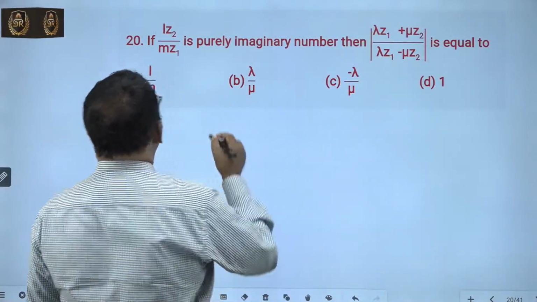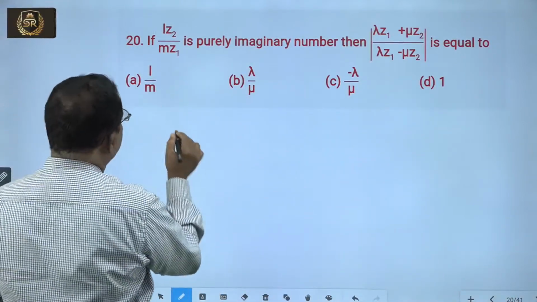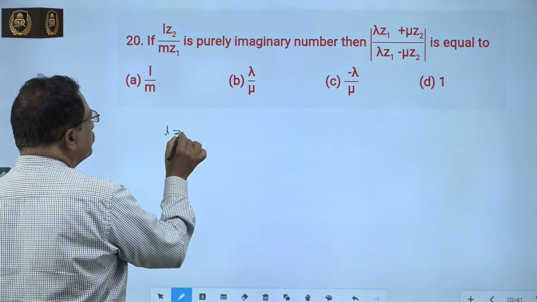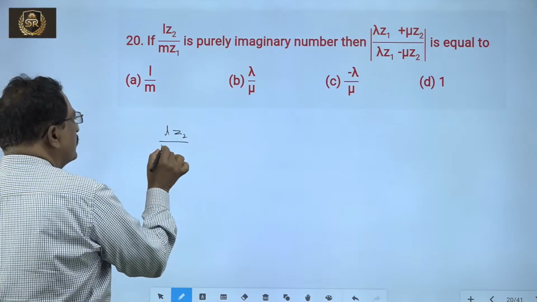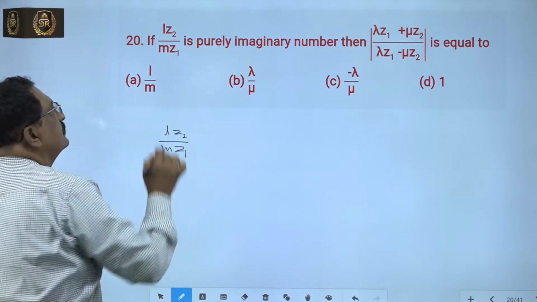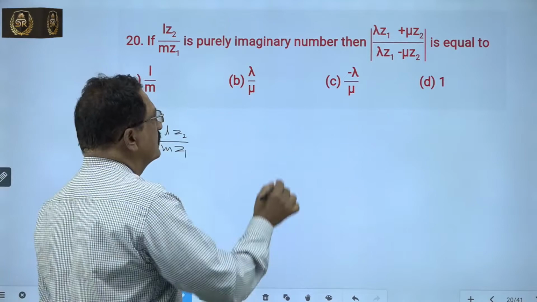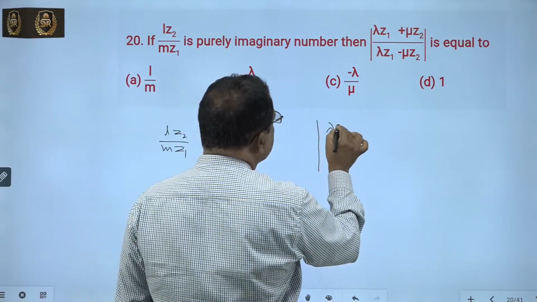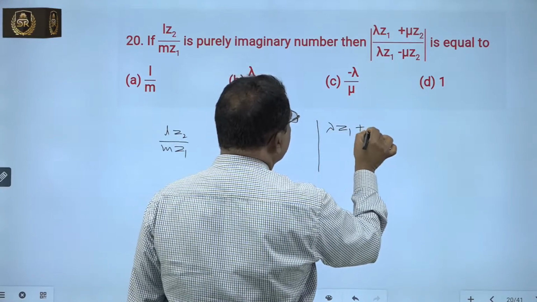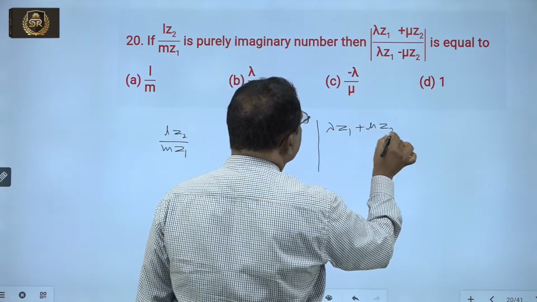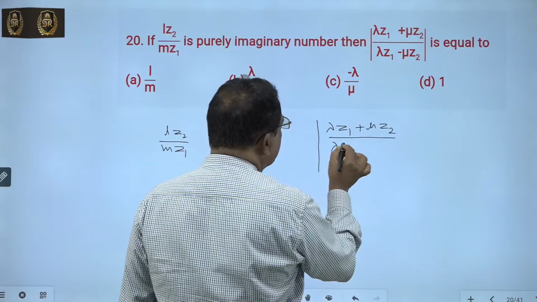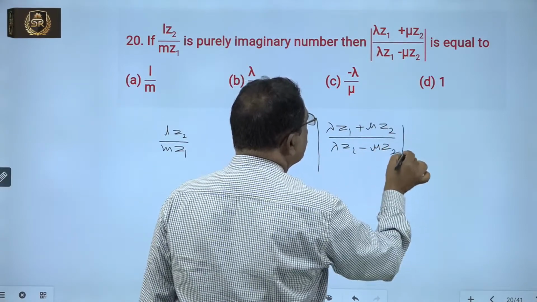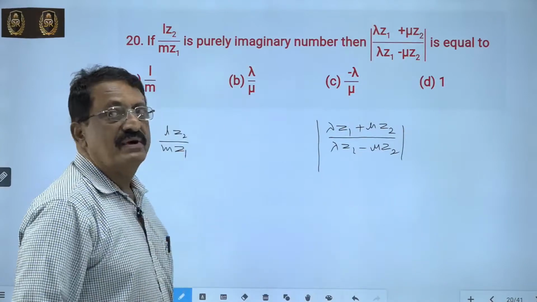Next problem: if λz2 by μz1 is purely imaginary, then require the value of the modulus of (λz1 + μz2) by (λz1 − μz2).